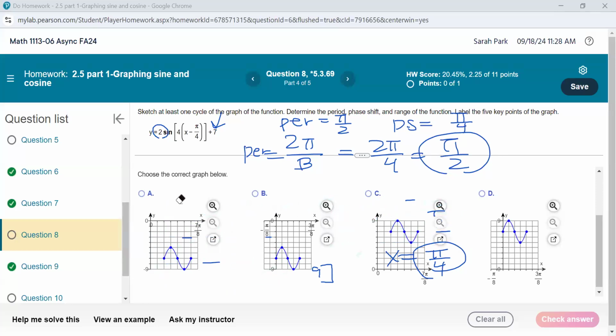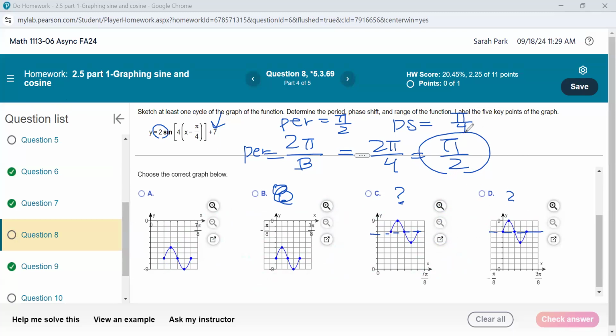okay, let's find the ones that have a midline of 7. The ones that have 7 as a midline are graphs B and, actually not B, that's -7. C and D, so you can see it has a midline at 7.